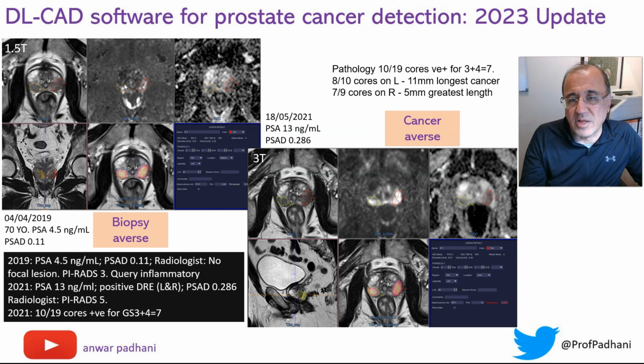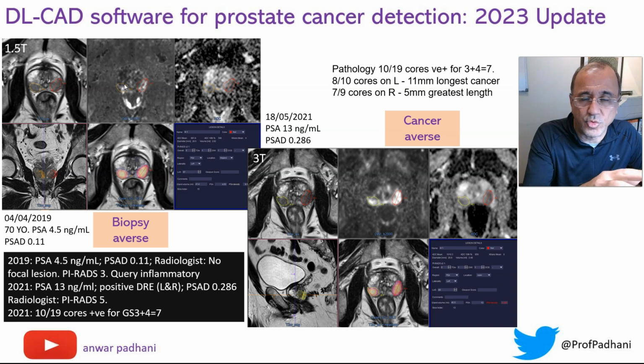So on the top left-hand side, you can see that a bilateral peripheral zone abnormality was called by a radiologist as a PIRADS 3 in a prospective fashion. And when you apply an AI to that, the AI is going, no, no, no, this is cancer bilaterally. So an AI tends to push it one way or the other. So it's much more binary, and a radiologist tends to use the entire scale.